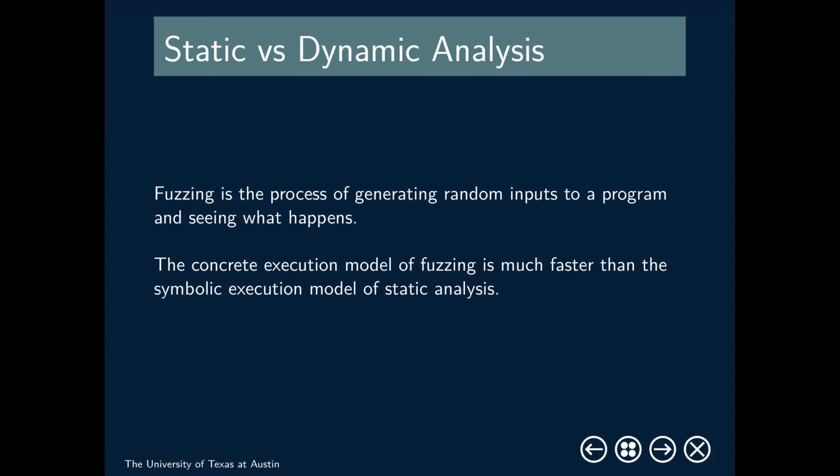And this might sound terribly inefficient, but the actual execution of fuzzing, we're just running the code, that's fast, right? And symbolic execution is super slow. So because fuzzing is so much faster, nobody really uses symbolic execution.